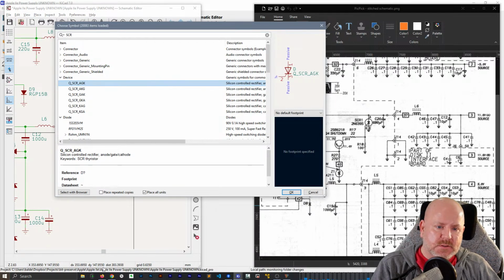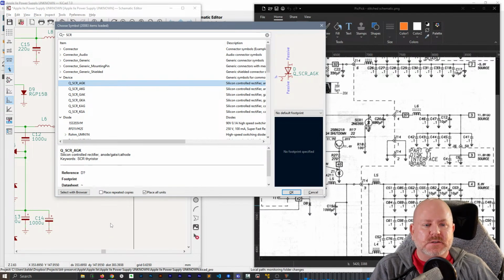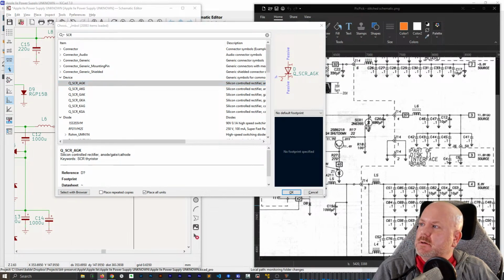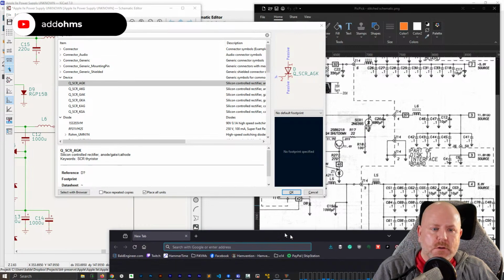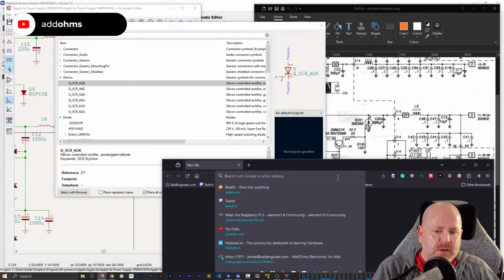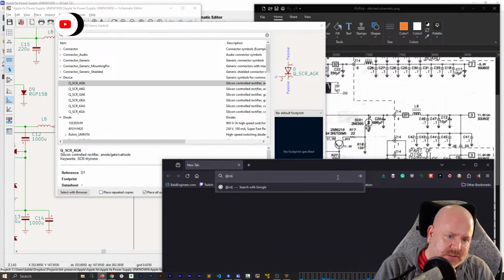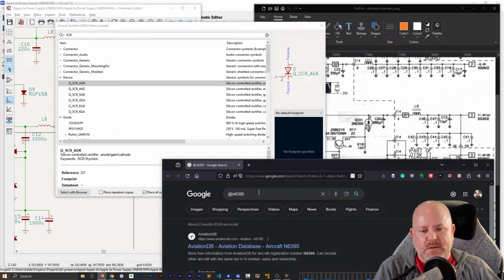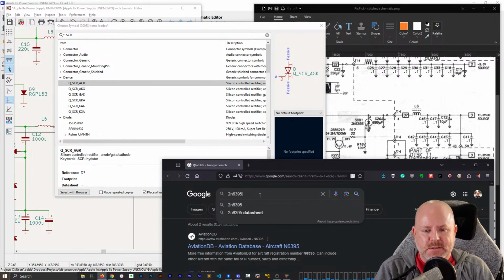Okay, let's, oh wait, you know what? I might actually be able to do numbers this time. Hold on. Because a 2N6395. Oops, 2N6395 datasheet.